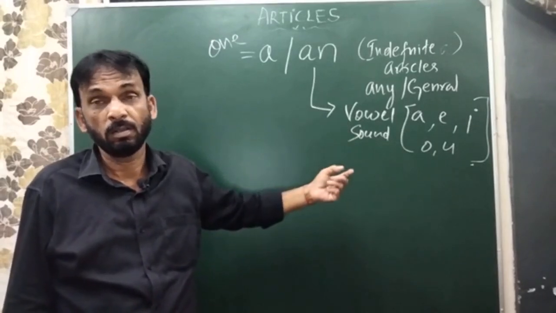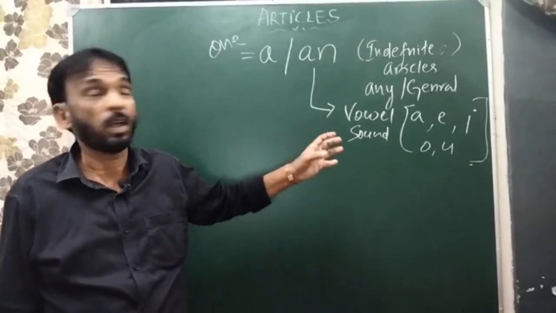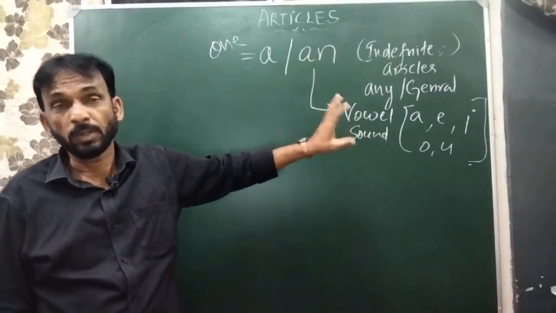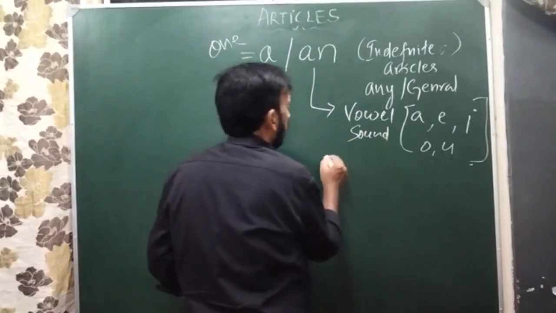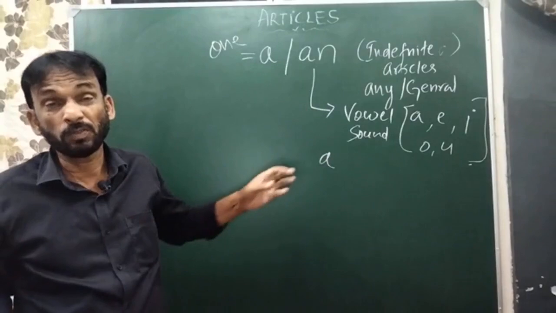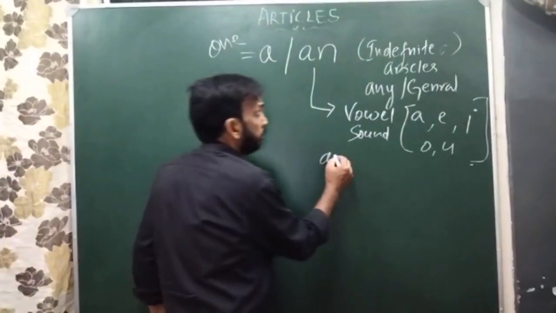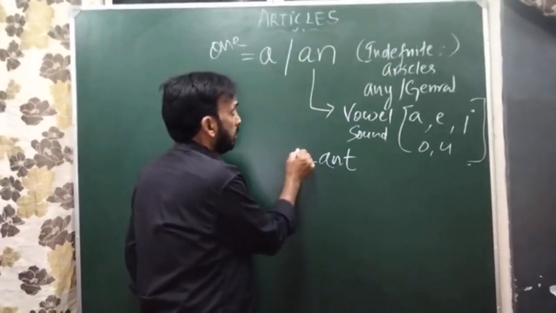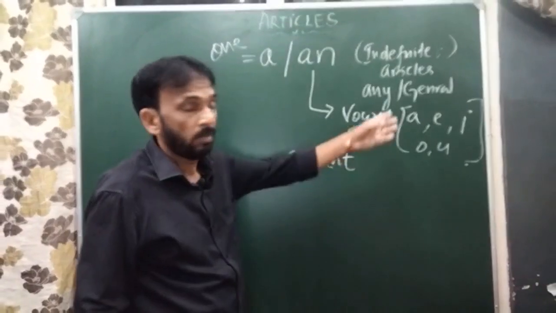So for those singular countable nouns we have to place an. I will show you. When a singular countable noun starts with a, for example ant, we have to place an: an ant.